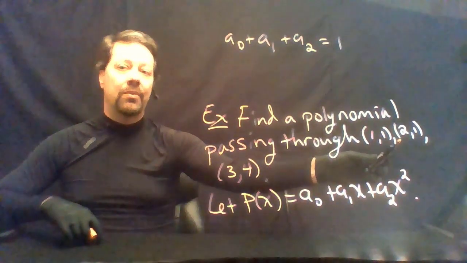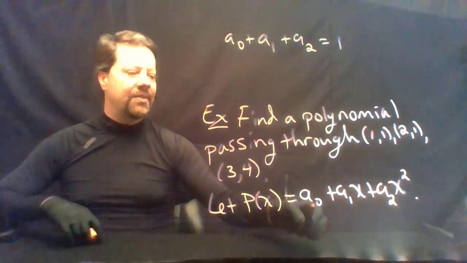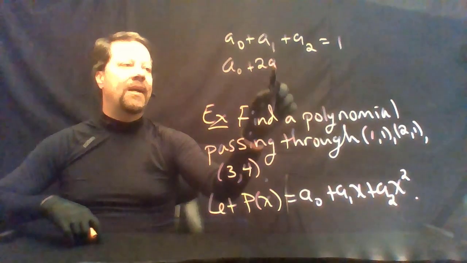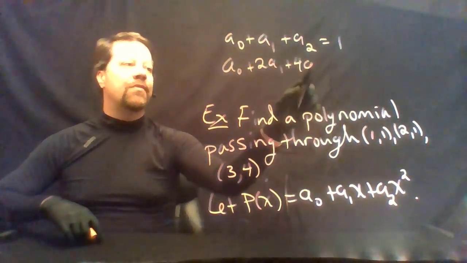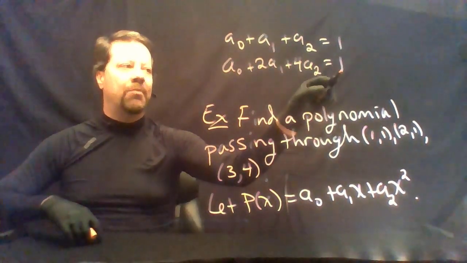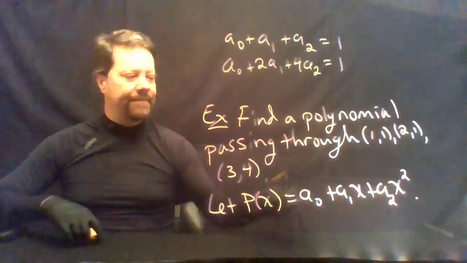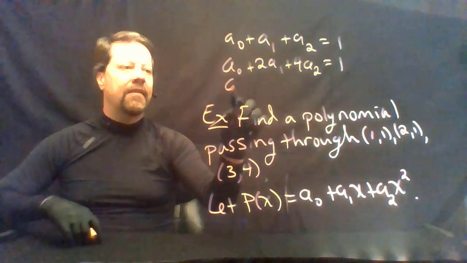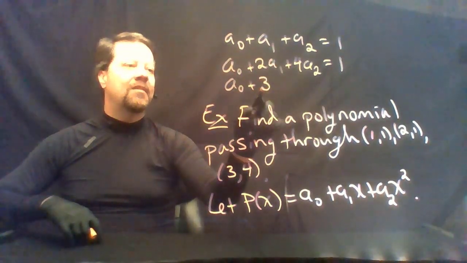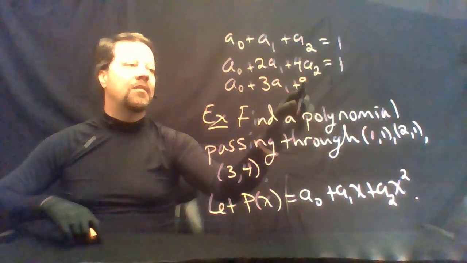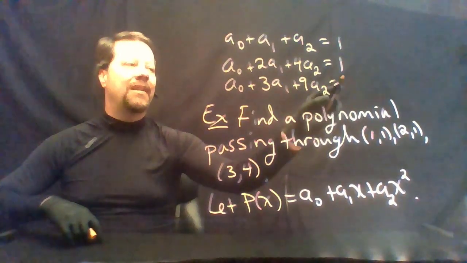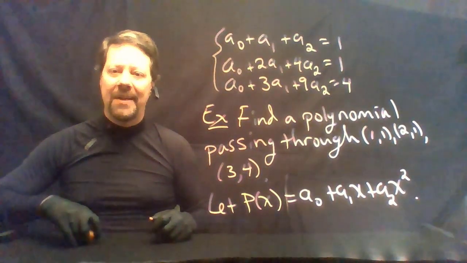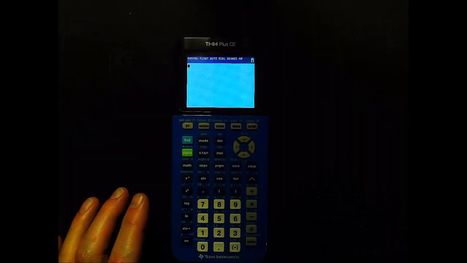If x is 2, you also output 1. So when x is equal to 2, I'll have a0 plus 2a1 plus 4a2 equals 1. If x is equal to 3, I need to output 4. That'll be a0 plus 3a1 plus 9a2 equals 4. Notice that I have 3 equations in 3 unknowns.